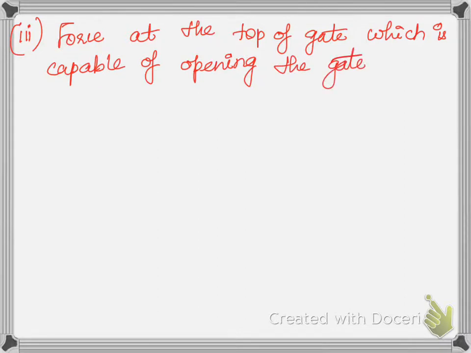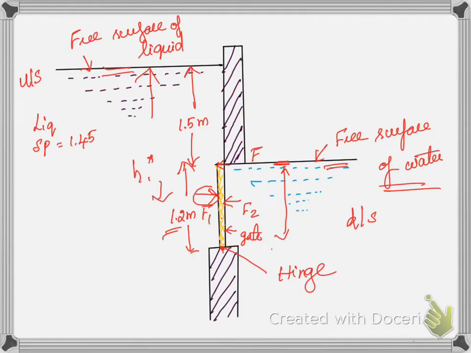Already we have said that F is the force that is required on the top of the gate. Now what we are going to do is take the moments about the hinge of F, F1 and F2.